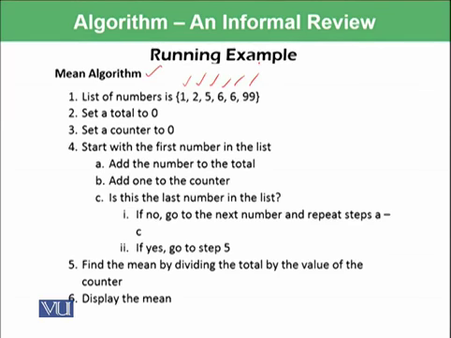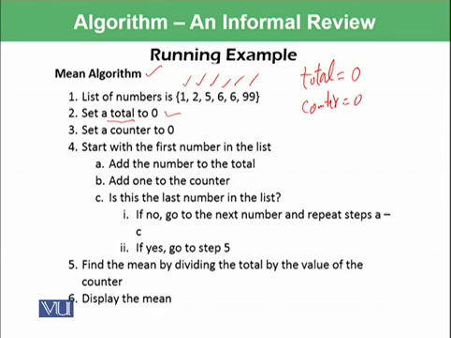First of all, you need something where you will store the total of all of these numbers, which is called total. You set it as 0 in instruction number 2, and then there is a counter, and you set it as 0.